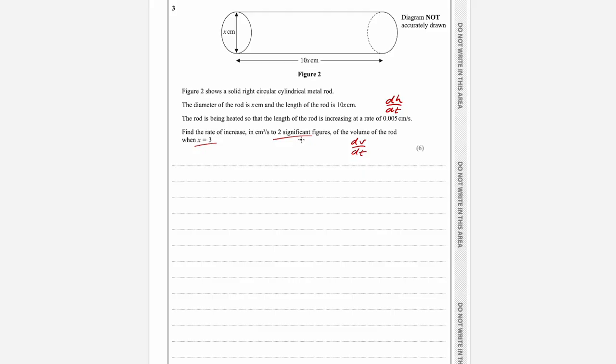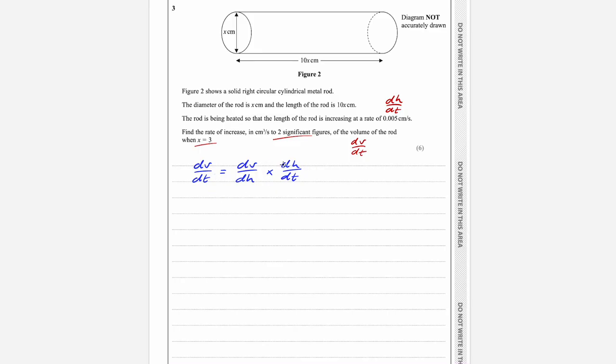Okay, lots of important things there. So I want to get dV/dt. The other variable I'm dealing with is h, so dV/dt is equal to dV/dh times dh/dt. You can think of these as cancelling.